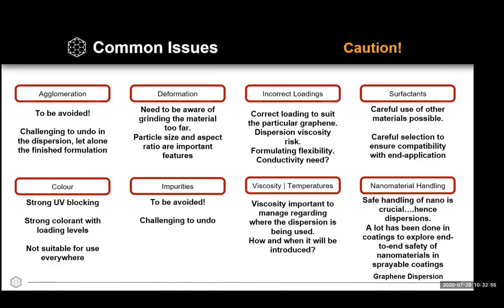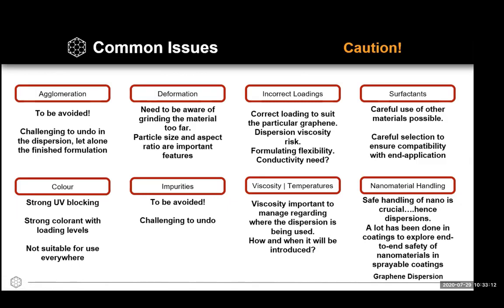Maybe not so important in some applications, but certainly in the world of coatings, where you're looking to manage color in a top coat application, for example, or in a direct to metal coating, coloration can be an important consideration.